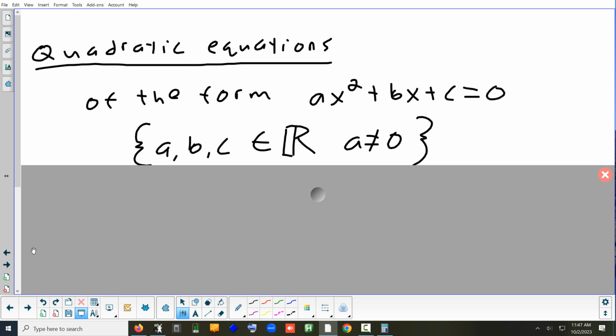Because if you put in a 0 right here, and you multiply 0 times x squared, what would you get? You'd get 0. Now you'd have this. That's not quadratic anymore. That's just bx plus c. What would that be? That would be linear. So if you make a 0, you wipe out your quadratic.